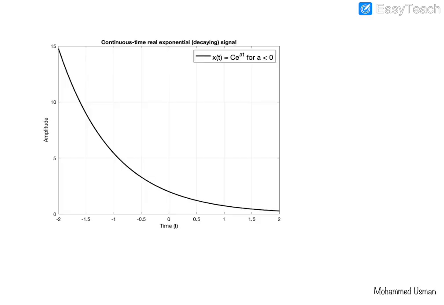So this is also a real exponential signal that is decaying with time, and it is also continuous in time. In this case also, the function is defined as x of t equals c e power at, but now the value of a is negative, right? So therefore the curve is decaying with time.